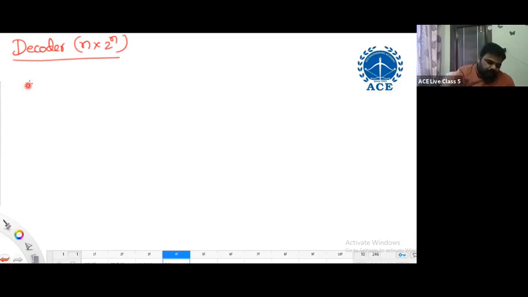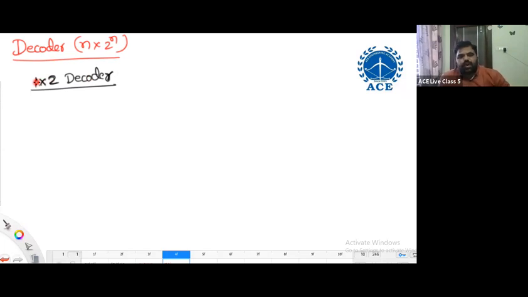For example, if one input is there, it is a 1 to 2 decoder: one input and two outputs. Say the input is A and the outputs are Y0 and Y1. What is its functionality?